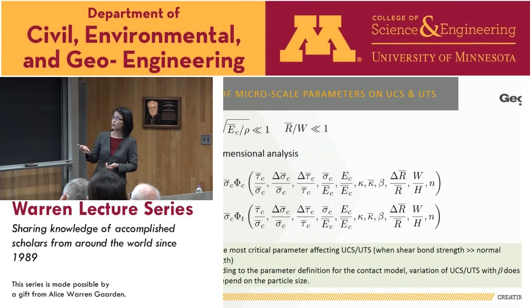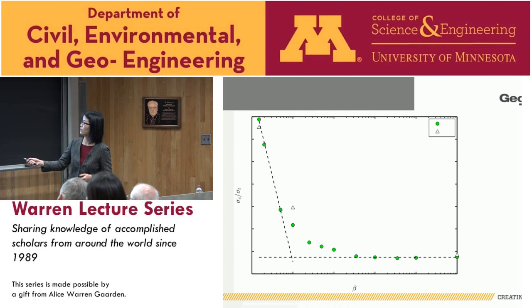So will this beta be particle size dependent? Remember, I also showed you the threshold case, when the beta is lower than about 3.5, then the beta becomes effective. So is this number particle size dependent?